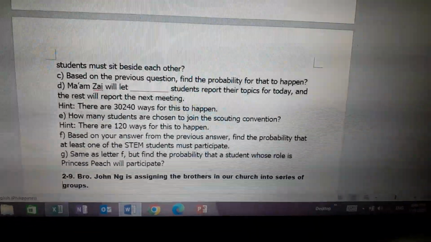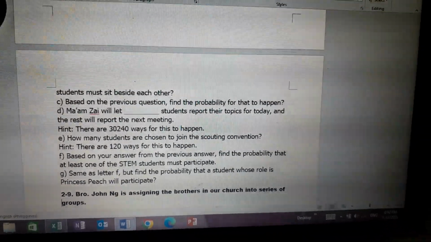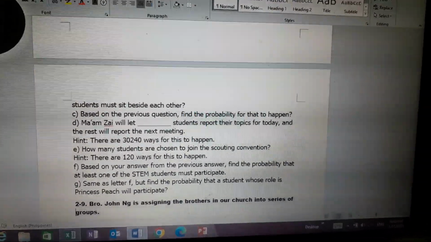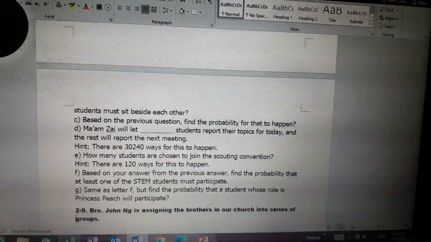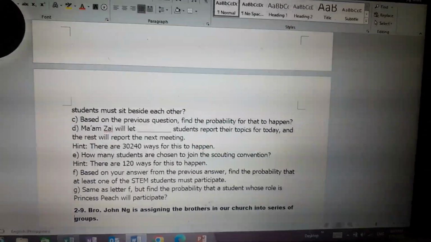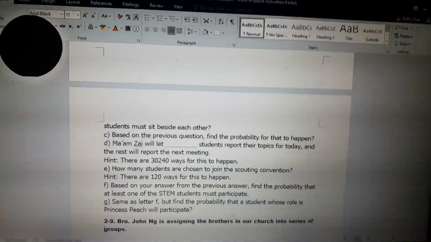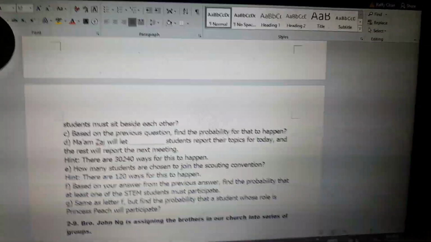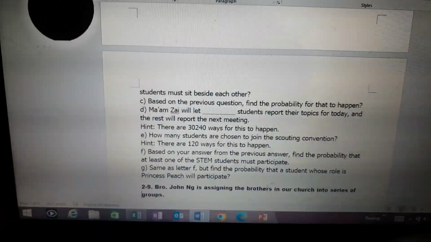Because, remember, this is the solution. Based on your previous answer, there are 7 or 3 students who will join the scouting convention. Now, all you have to do is find the probability that at least one of the STEM students must participate. When we say at least, it means at least 1. And remember, in STEM there are 3: Migs, Veronica, and Kathleen.